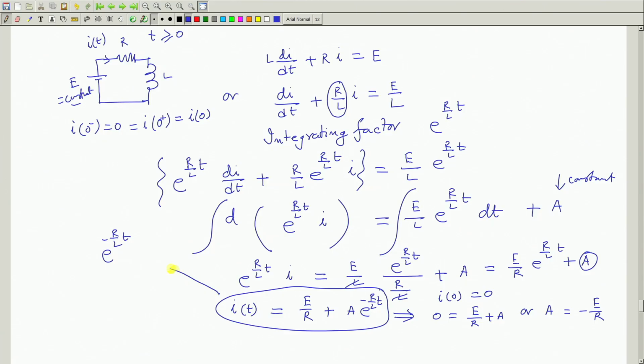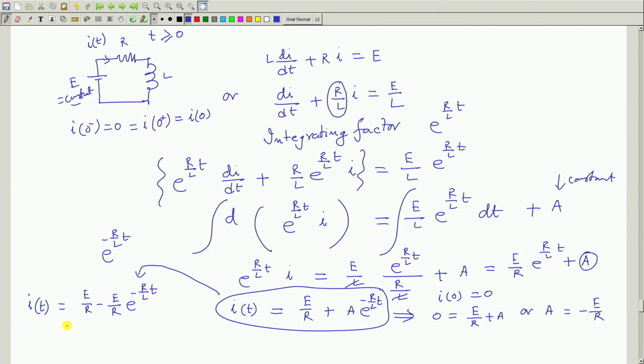Therefore, the solution will be I(t) is equal to E by R minus E by R into e to the power minus R by L into t.